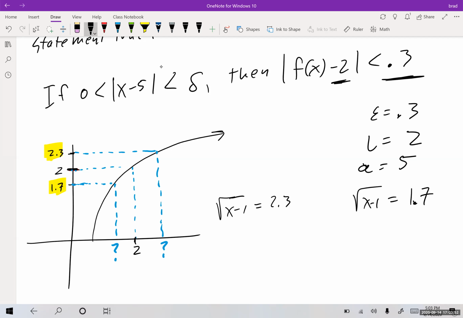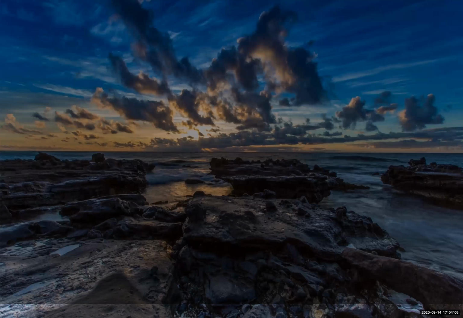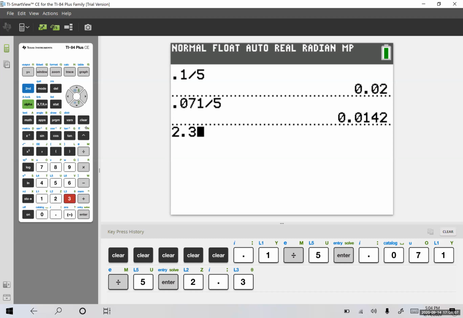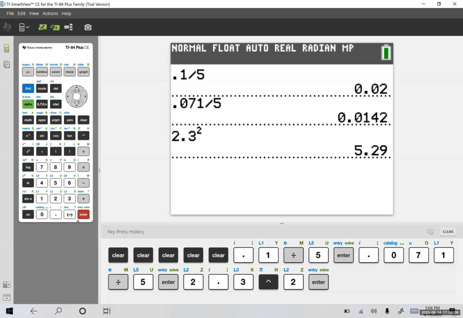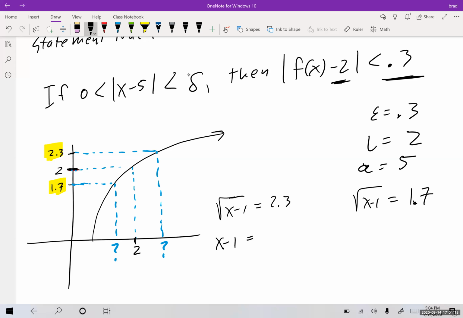So now I'm going to square both sides. So I have x minus 1 equals, I forgot my calculator. Well, let's do 2.3 squared. So I get 5.29. All I did, by the way, guys, is I just squared both sides.